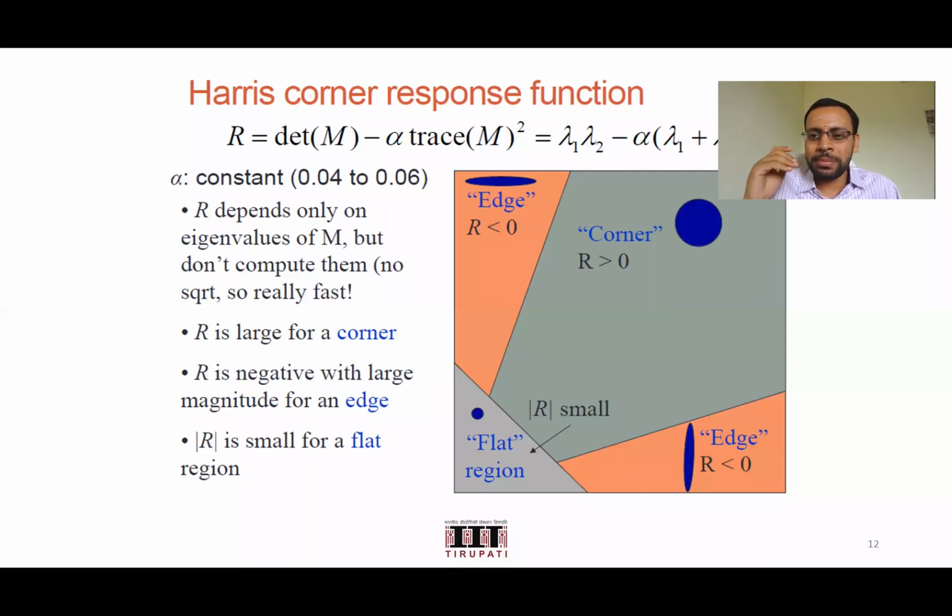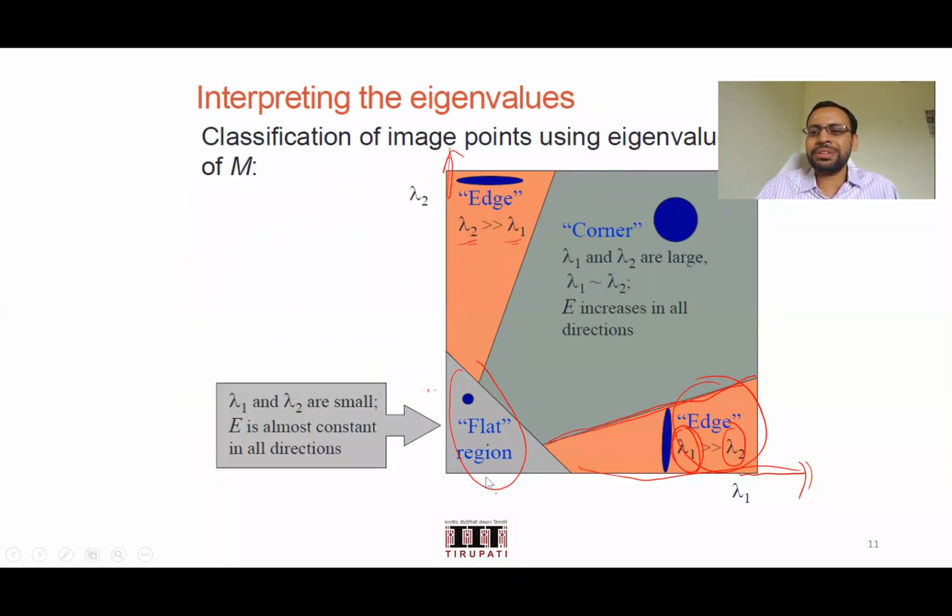All you need to know here is the relative relationship between the eigenvalues. So can we do without actually computing them? This is another contribution of the Harris corner detection paper, where they avoid explicit computation of these eigenvalues. So how do they do that?